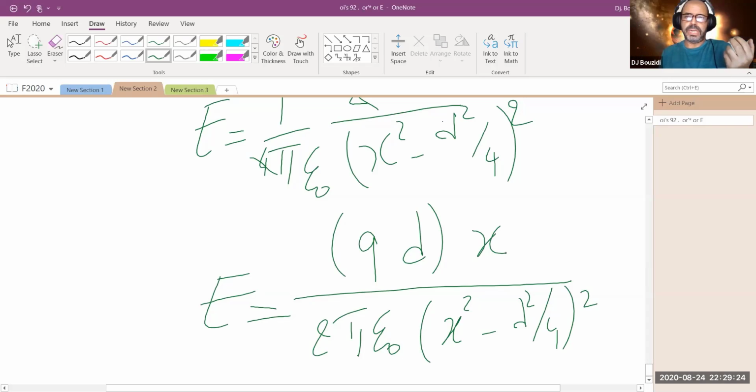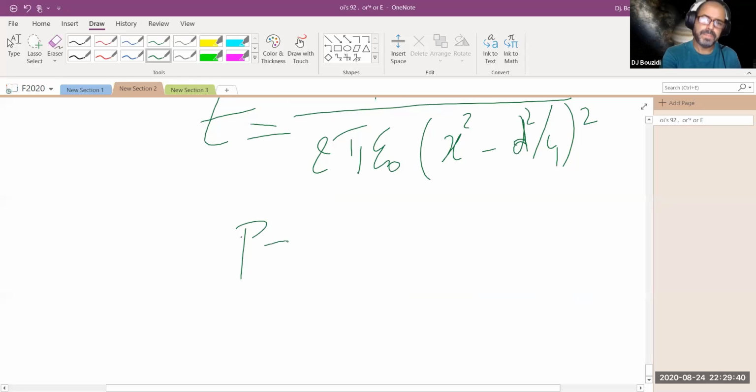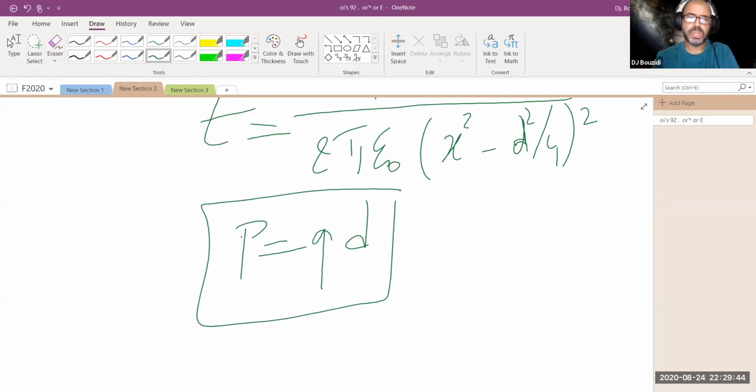A dipole really is useful when you are far away from it. That means x is very big compared to d. Before I do that, let me define, as your book defined, P as Q times d. This is called the dipole moment.